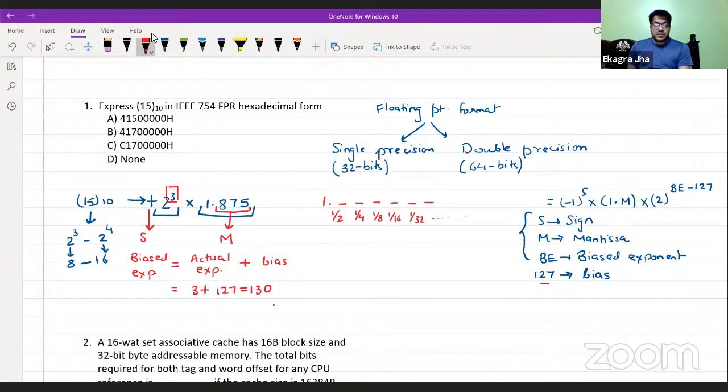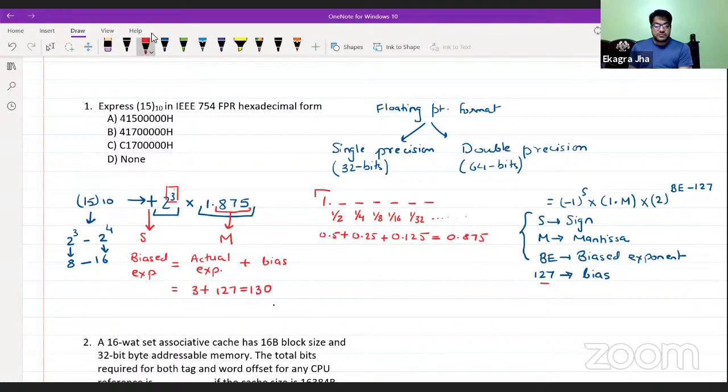Then you can add these values to find the same value which you are converting. So 0.875 should be the total of 0.5 plus 1 by 4, which is 0.25, plus 1 by 8, which is 0.125. After calculating this, you have the same value 0.875.